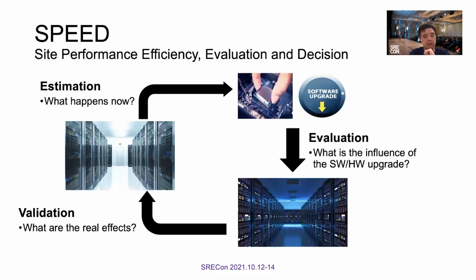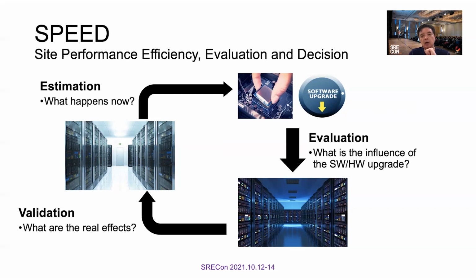First, about speed. In a very large data center or a group of data centers, we have lots of applications running on lots of servers. When we need to optimize the system, we apply a change, and that change can affect a lot of server applications and also a lot of hardware systems.